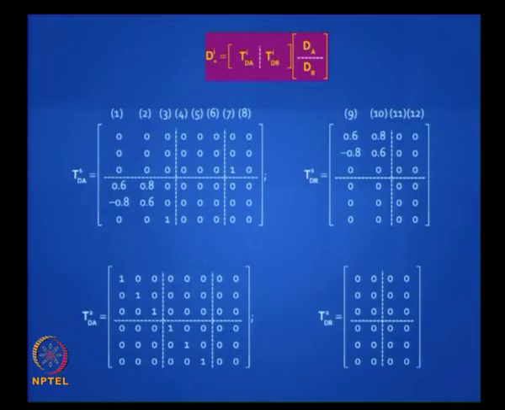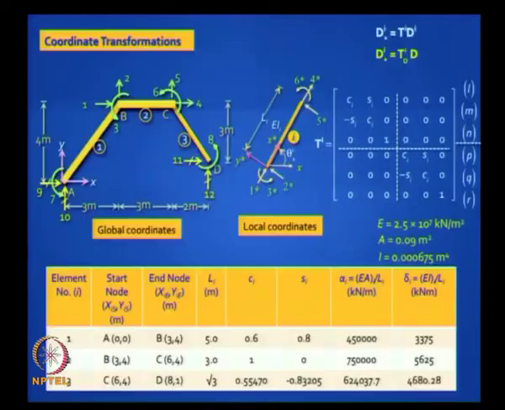Let us take the first column in these 2 matrices for TD1 and TD2. The first column actually corresponds to D1 equal to 1. If you apply D1 equal to 1, it is going to affect elements 1 and 2, right, and it is at the tail end of element 1 and at the beginning of element 2.